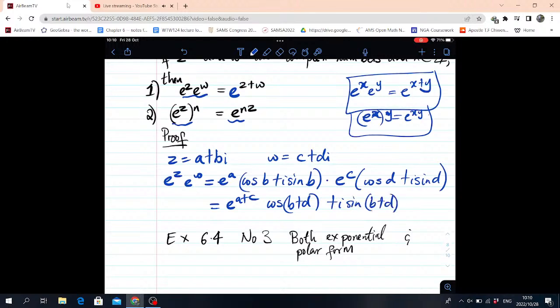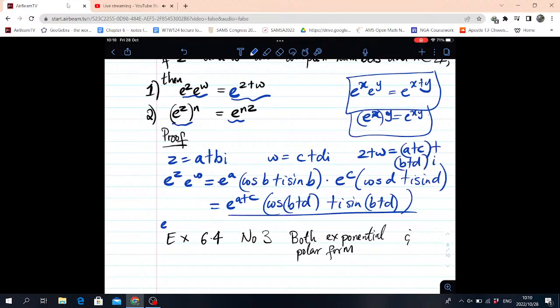If we use theorem 6.3.6, and then if you look at e to the z plus w, you see that that is just the same as that, and so therefore you would have shown that they're equal. So you just need to now write z plus w here, which is a plus c plus b plus d i, right?